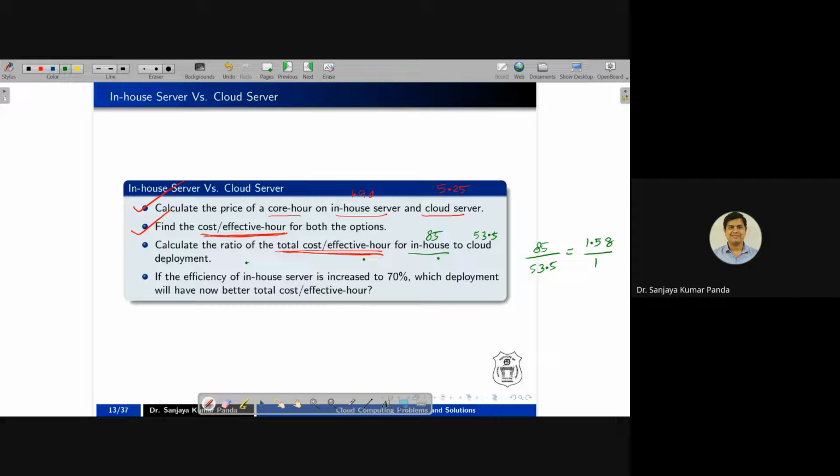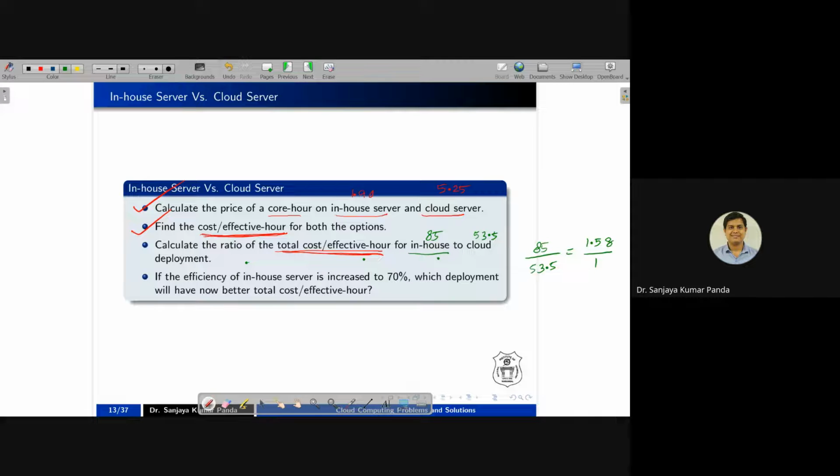Ratio is always a division only, but what it says is, if you spend 1 rupee in the cloud server, then you are spending 1.58, or whatever decimal comes after that, in the in-house server. So 1 rupee in the cloud server is equivalent to 1.58 rupees you are spending towards the in-house server.